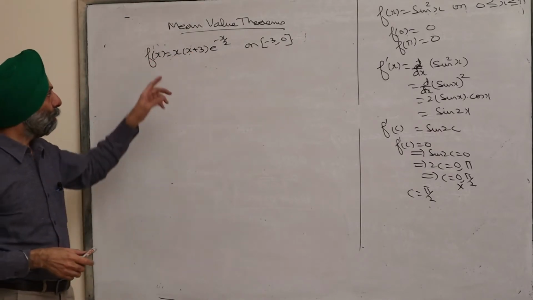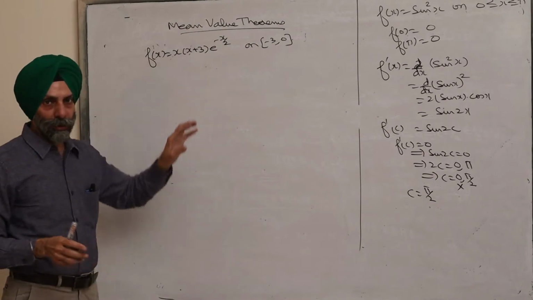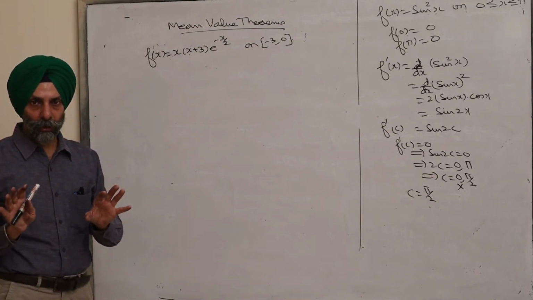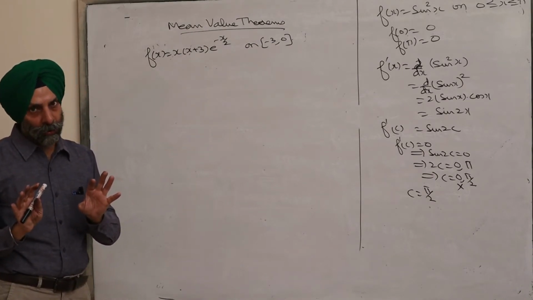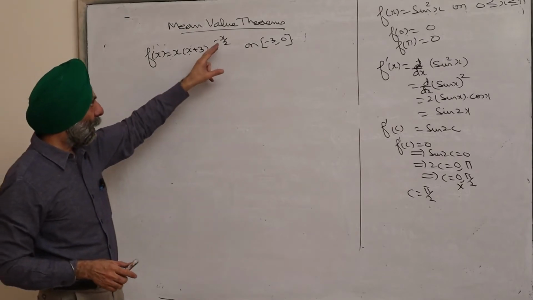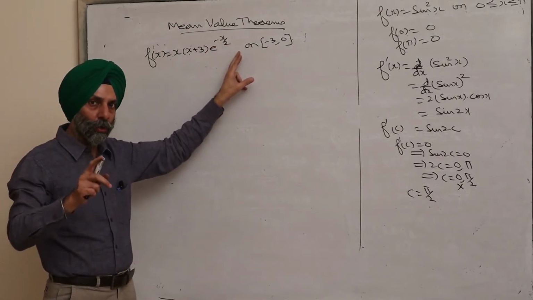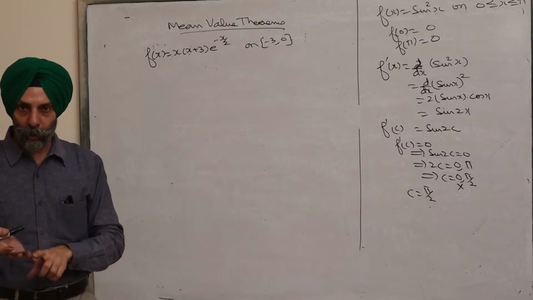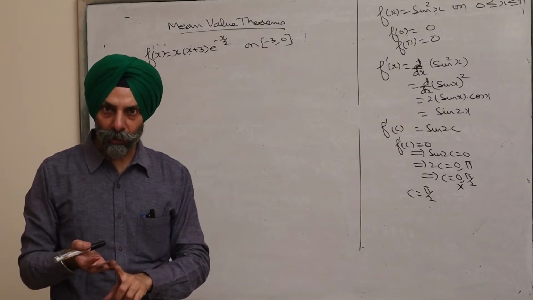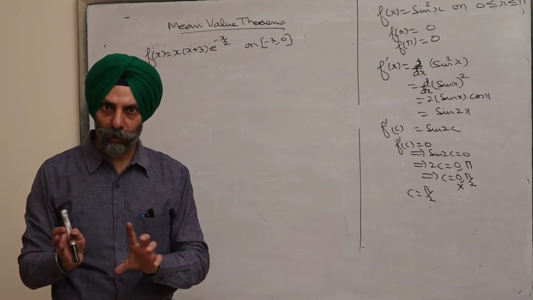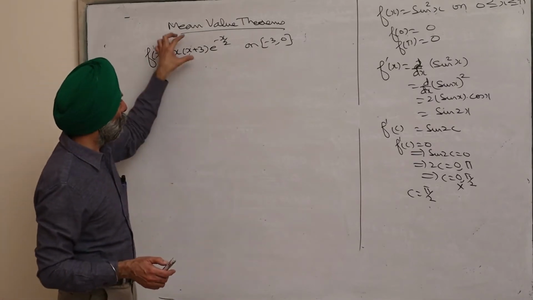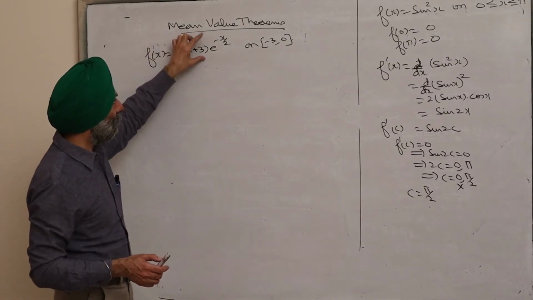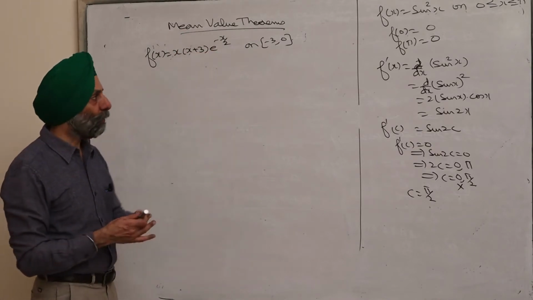You will say that x into x plus 3 is a polynomial and hence is continuous over the whole of the real line, and exponential function is also continuous and differentiable in its domain. So that is, polynomial and exponential functions are always continuous and differentiable in their domains. So this domain is the whole of the real line and its domain is also the whole of the real line.